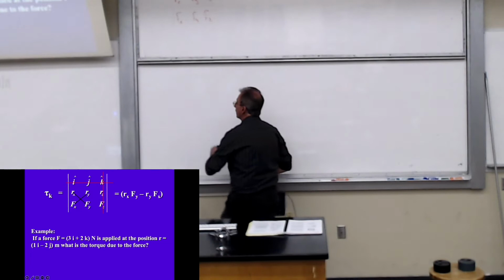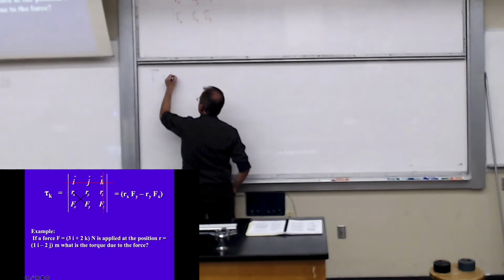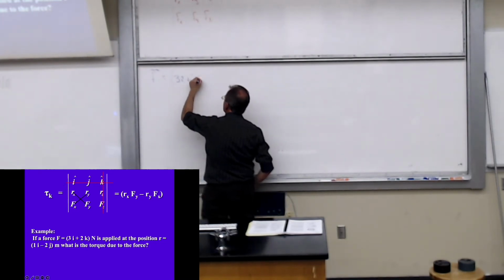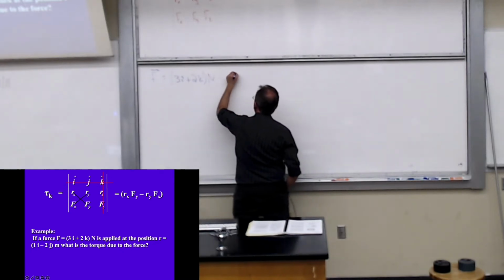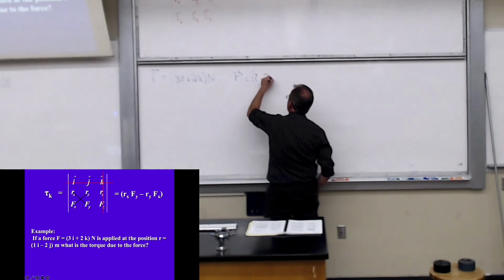So we're given F is 3i plus 2k, and r is i minus 2j.